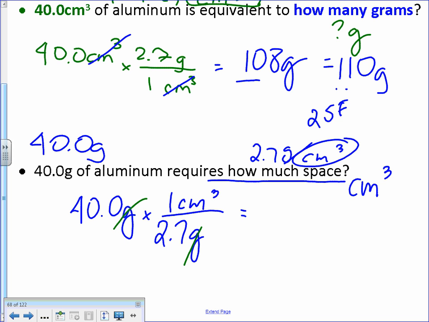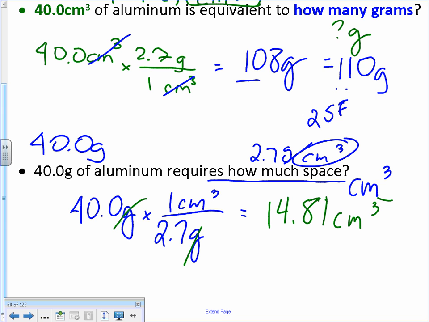And what's that in terms of centimeters cubed? Calculate. So you're taking 40 divided by 2.7, or 40 times 1 divided by 2.7. 14.81, I'm going to stop there for a second, centimeters cubed.